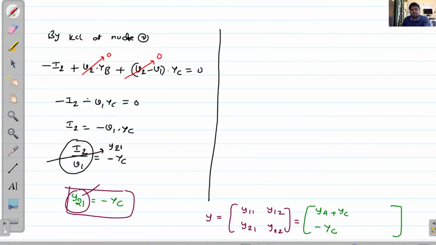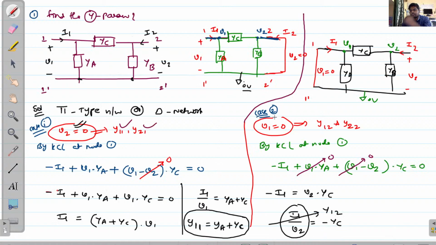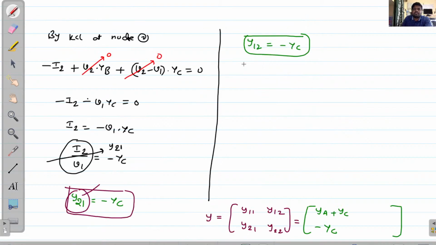Y12 equals minus YC. Okay, this is your first parameter in case 2, and next you can apply KCL at this particular node 2. So by KCL at node 2, what you will get?